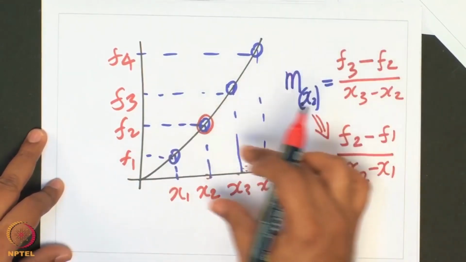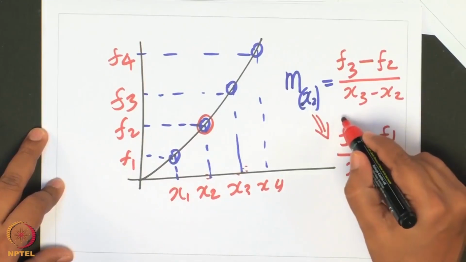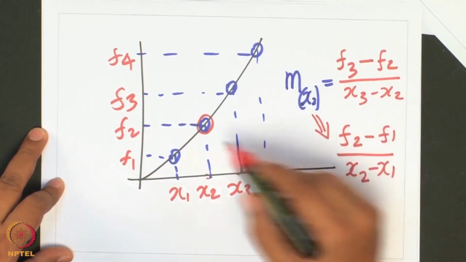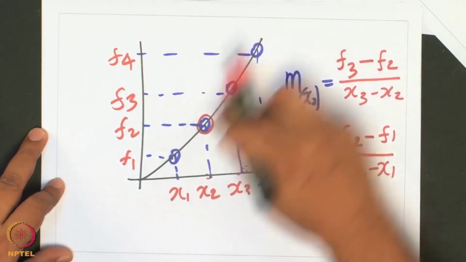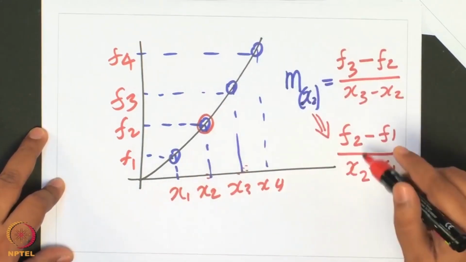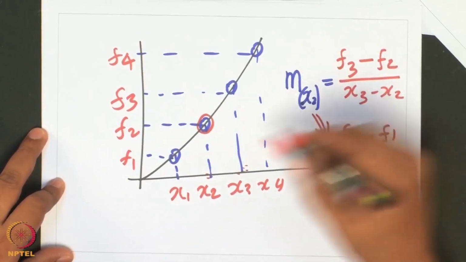If we consistently calculate everywhere, if we were to use this, then this is the next one, and this is the next one. Consistently if we use one, we would get a similar answer everywhere. So either use this or use this consistently.